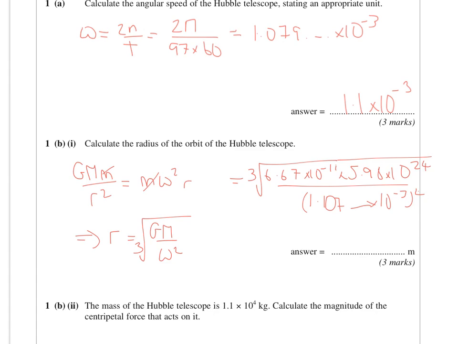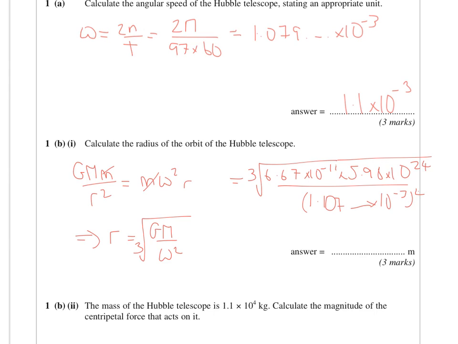We've got that number, so we square it. 6.67 times 10 to the minus 11 times 5.98 times 10 to the power 24 divided by the answer gives us that.